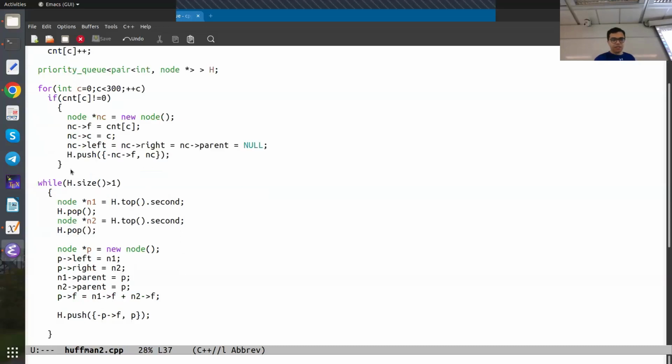So in every iteration of this while loop, the size of my heap is going down by at least one. I'm removing two elements, I'm pushing one element, right? So this while loop runs for at most n iterations. Now, what do I do in every iteration? I'm asking for the top of my heap twice, but that's constant time. I'm also removing the top element of my heap twice. That's logarithmic time, that's log n.